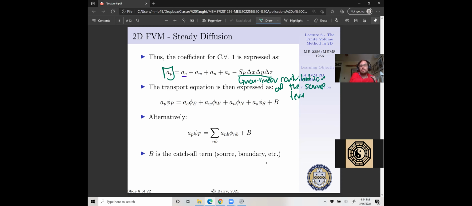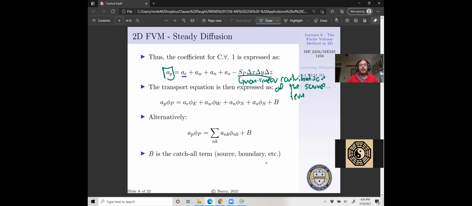And your electrical resistance is based upon your electrical resistivity times the length of the particular element per the area of the particular element based upon the direction the current's flowing. That electrical resistivity is oftentimes dependent upon temperature. So we could bring that in as a nonlinear contribution. It's not a constant contribution to your source. So we can break out terms like that into our AP coefficient, which is incredibly helpful.